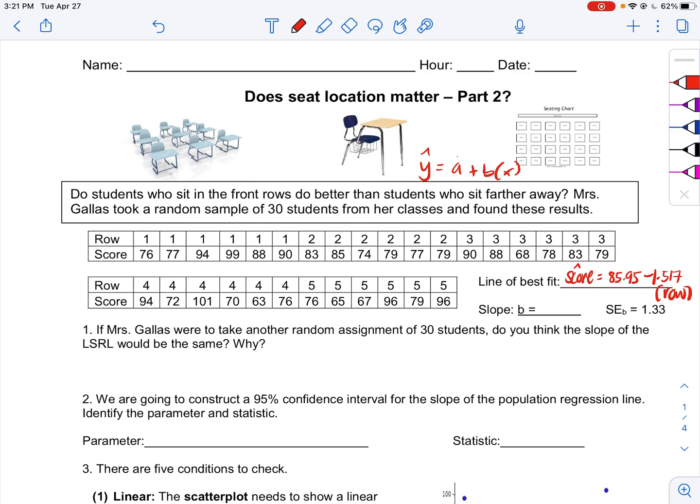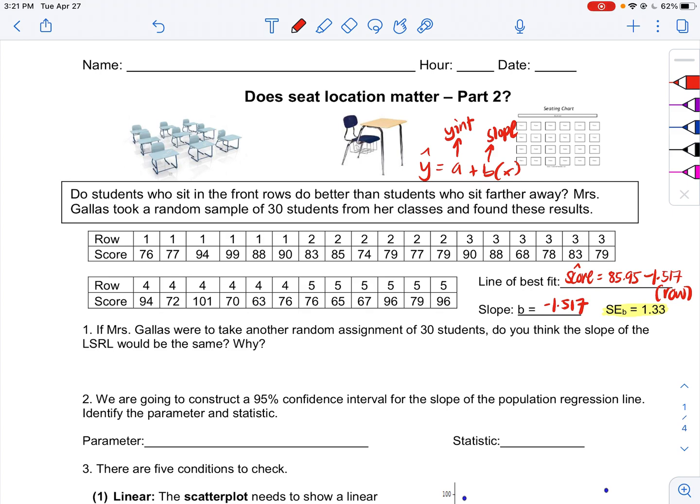Our slope is the b. By the way, this is the y-intercept, and this is your slope. So your slope here is negative 1.517, and the SE, the standard error of the slope, is 1.33. Again, it will be given in the computer output.